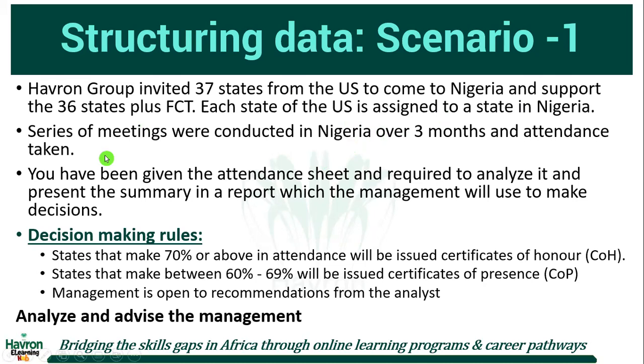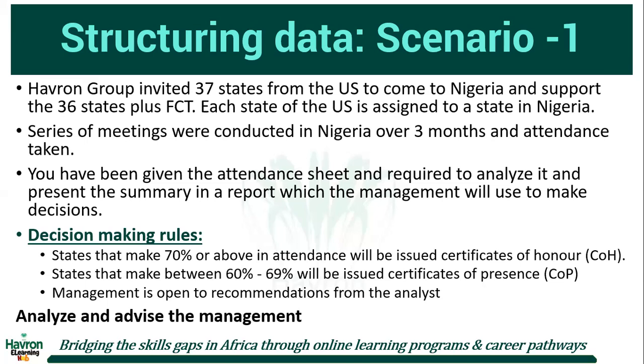Now, as we begin to read through this, we begin to picture what we are going to be identifying. So we have been given the attendance sheet, and we are required to analyze it and present a summary in a report, which the management will use to make certain decisions.